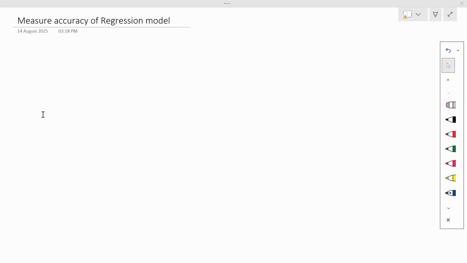In last videos, we learned about how we can create a regression or classification model from scratch. So when we do the regression, we generally have full data, which is further divided into training data and testing data.